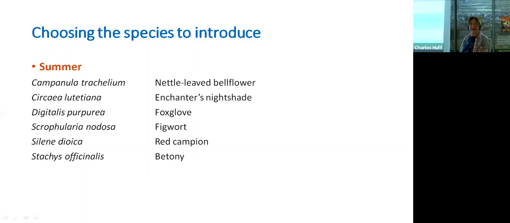Foxglove, I've never had any luck with foxglove, would you believe it? I don't know why. I've got it growing in my garden, it loves it there. So the summer ones, apart from Enchanter's Nightshade, are all woodland edge species rather than woodland shade species. Enchanter's Nightshade is the only one of that lot that's a proper shade tolerator.